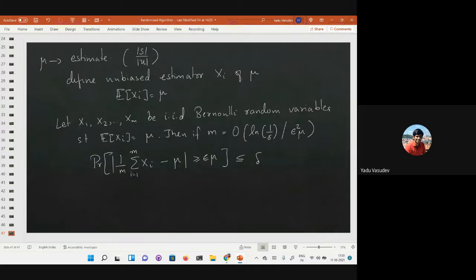This is just a restatement of the Chernoff bound. We've just written it in a different way. It's the same statement. And this is at the heart of the approximation that we want.